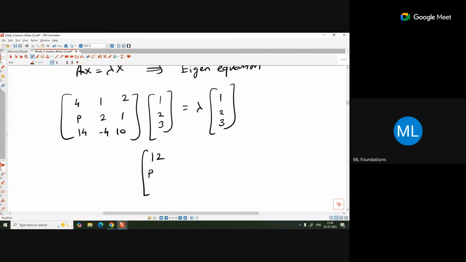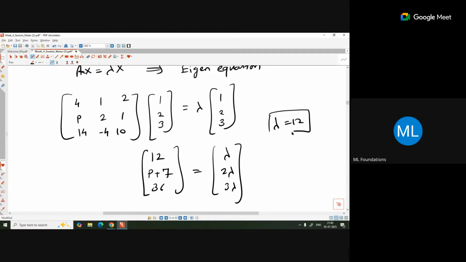Here it is P plus 4 plus 3, which is P plus 7, and 14 minus 8 is 6, 6 plus 30 is 36. That should be equal to lambda, 2 lambda, 3 lambda. By equating, I'll get lambda equals 12, right? From the first and from the third also, you get lambda equals 12.